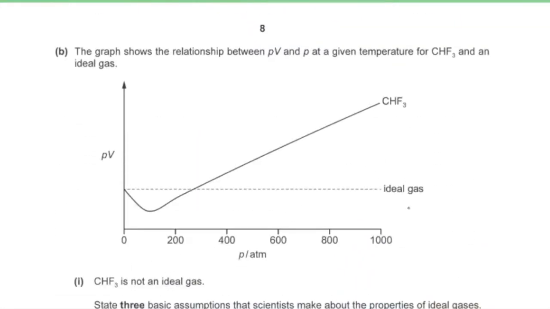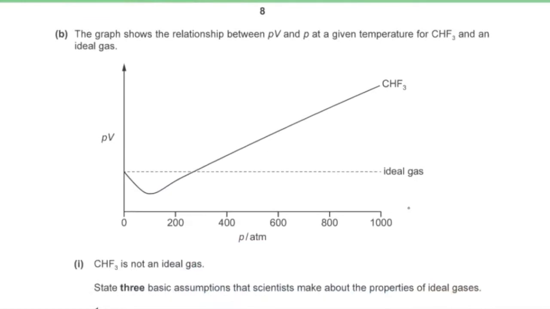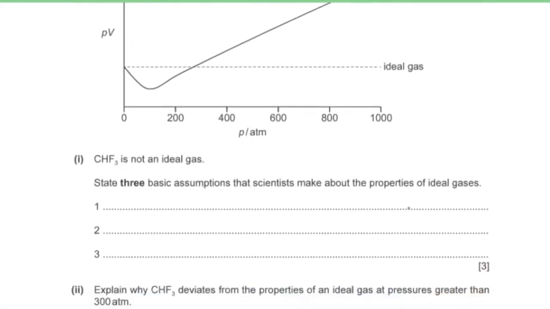Part B, the graph shows the relationship between PV and P at a given temperature for CHF3 and an ideal gas. Part 1, CHF3 is not an ideal gas. State 3 basic assumptions that scientists make about the properties of an ideal gas. So firstly, gaseous molecules have negligible volume as compared to that of their container.